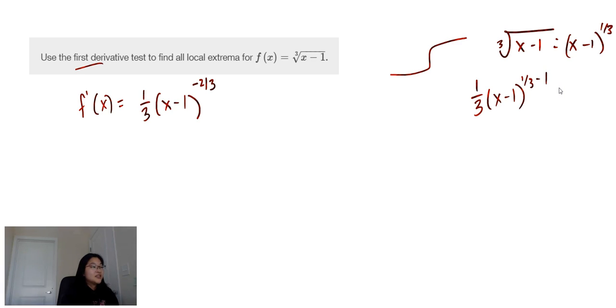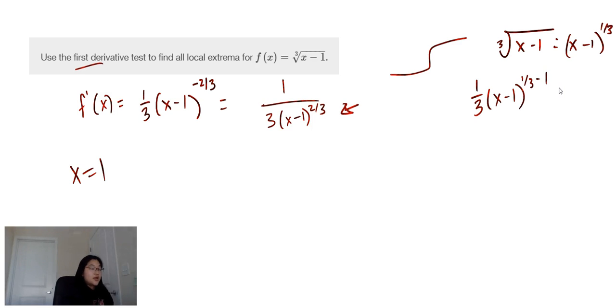Okay, so to find our critical values, we need to figure out when this is undefined. So maybe we should rewrite this as 1/3 times the cube root of (x minus 1) to the 2/3 power, in the denominator. Sounds good? All right, so this is undefined when x equals 1, because when does our denominator equal 0?